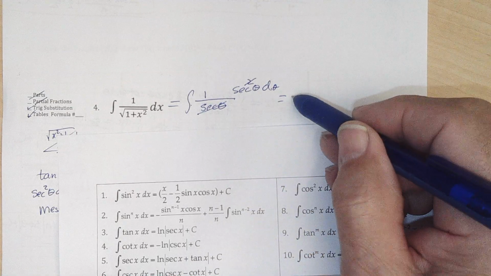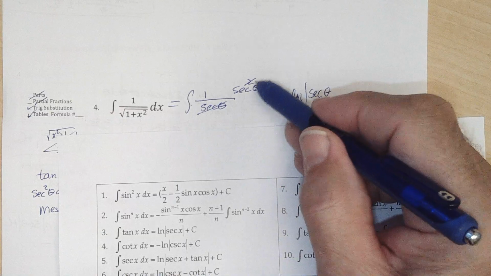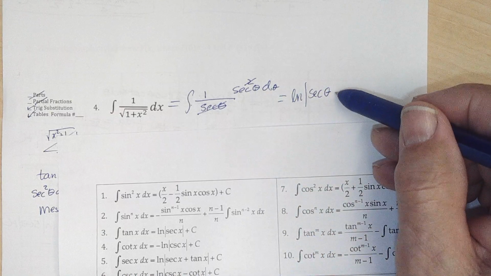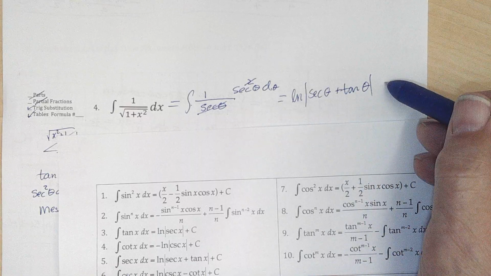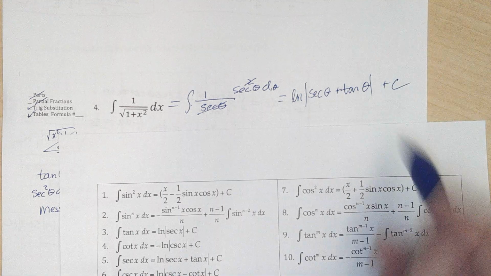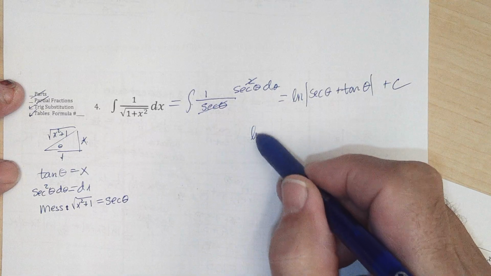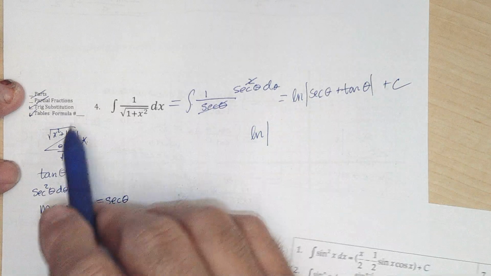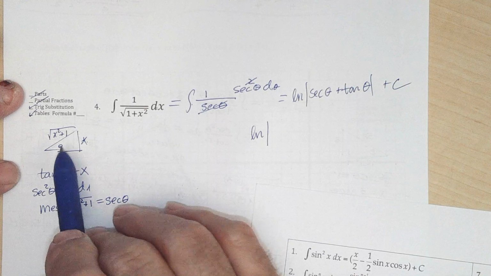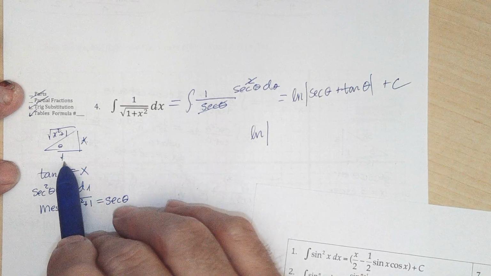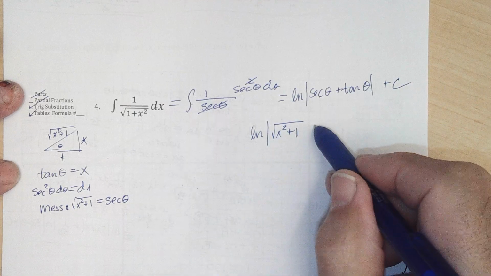So we get ln secant theta, our variable is theta, not x, plus tangent theta, and ln of secant on this triangle, secant's not as a reciprocal cosine, so not this to this, but this to this, which is square root of x squared plus 1.